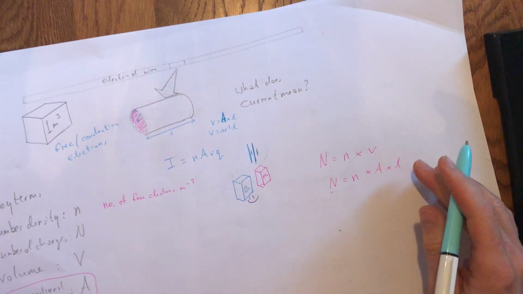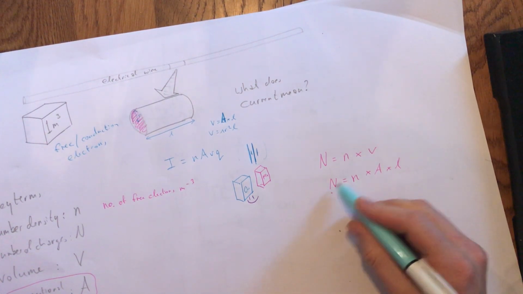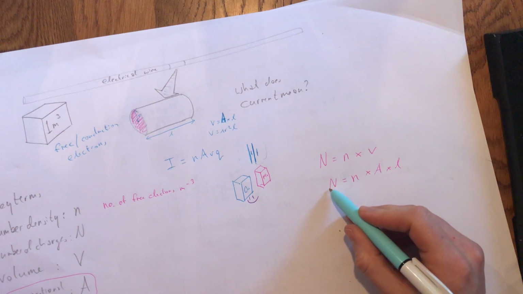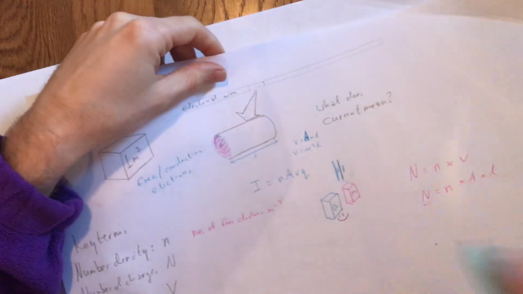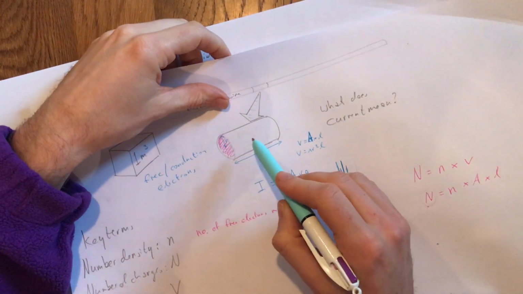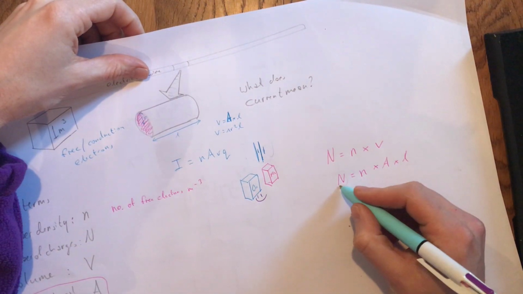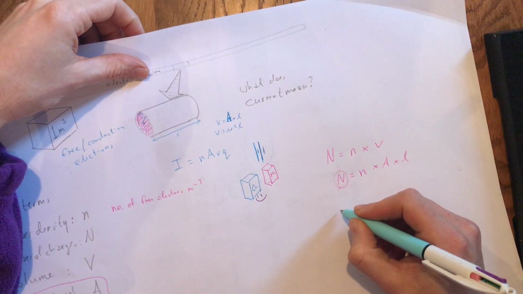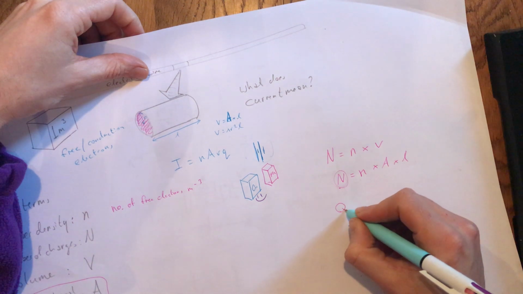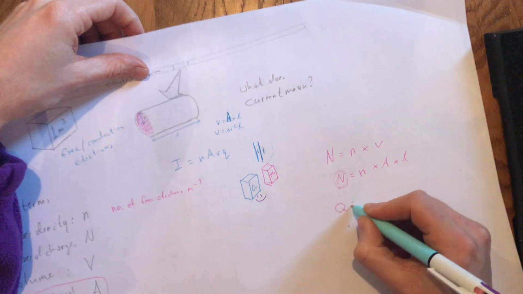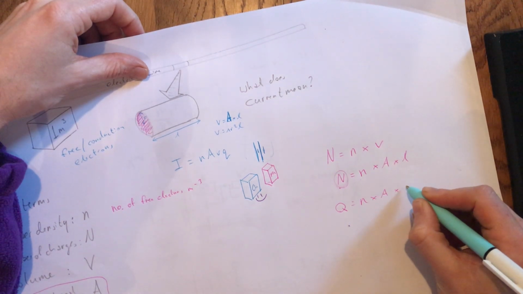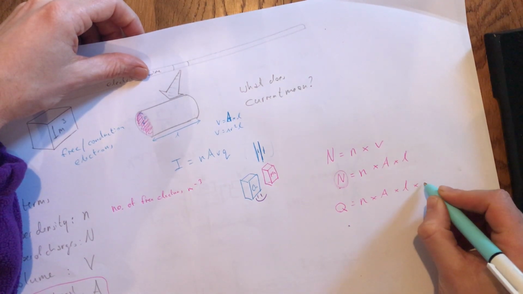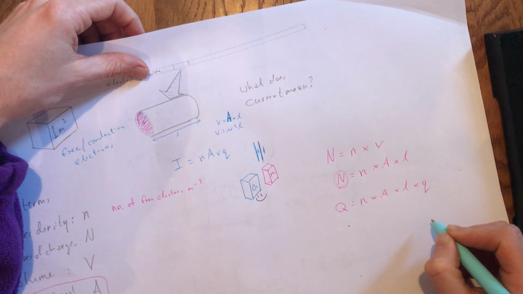So what we can then do is find the actual total charge that is in this. So we're looking at the amount of charge which is inside this little cylindrical section of wire. And to get that charge, well, we've got this, which is our number of electrons. So to get the total charge, big Q, which is in this, we take the number density multiplied by the cross-sectional area, multiplied by the length, multiplied by the charge of one electron.